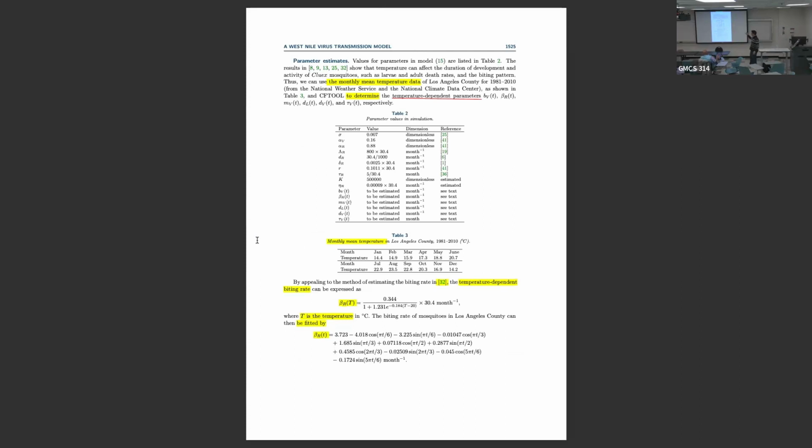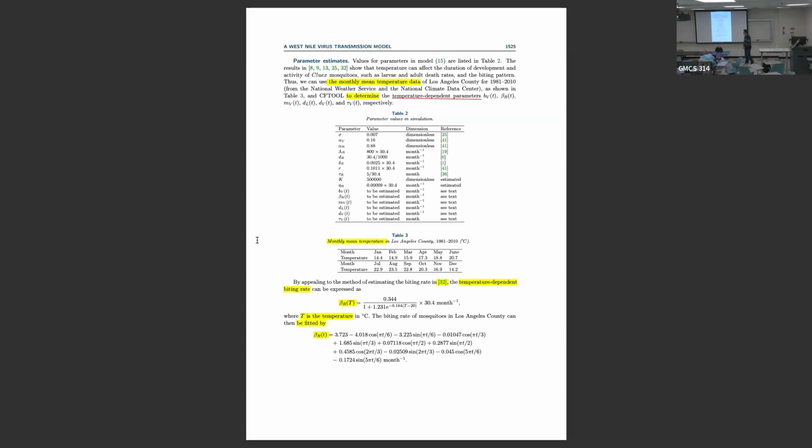You can find some data on the monthly temperature in Los Angeles, and the author also proposed the form of the biting rate and maturation rate, and my co-author used the data and the form of functions to fit the biting rate, maturation rate and other parameters. So these parameters are actually from the data?